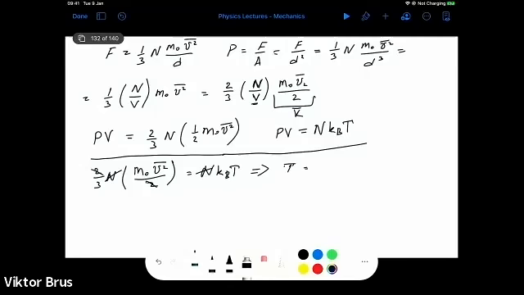Or maybe we'll leave this 2, don't touch this, because we still want to see the relationship between kinetic energy and temperature.